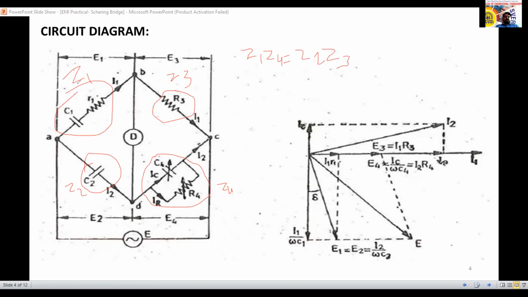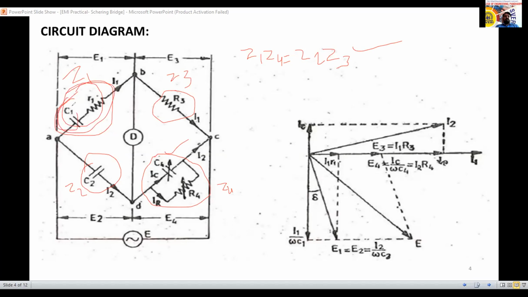Here Z1 is R1 plus 1 by j omega C1, and Z2 equals 1 by j omega C2. There is no resistance term here. Z3 equals R3, and Z4 is XC4 and R4 in parallel. After substituting Z1, Z2, Z3, Z4 in this formula under the balanced condition, we are going to get the unknown values.